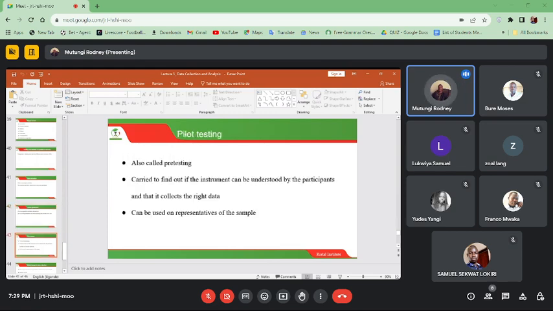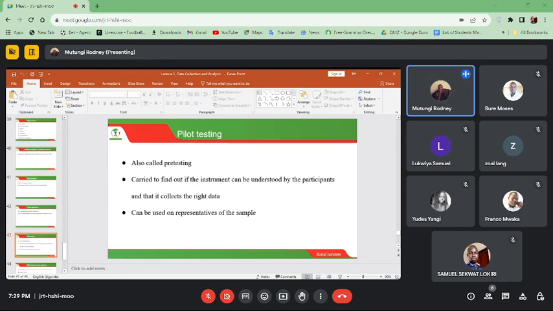Another phenomenon of research or monitoring and evaluation or data collection is what we call pilot testing. Before you go out there with your data collection methods, you need to pre-test those methods.